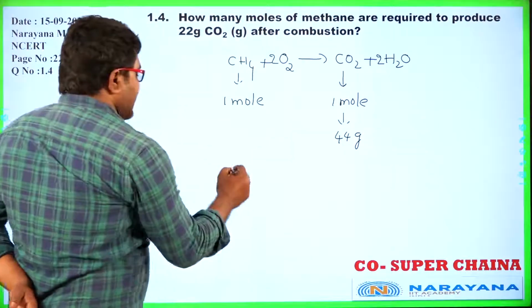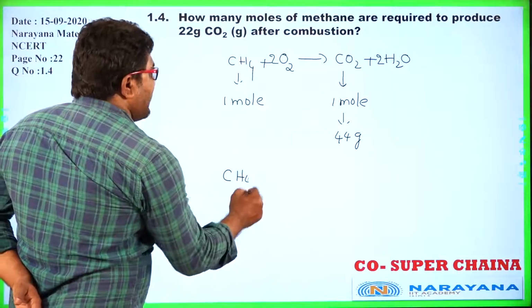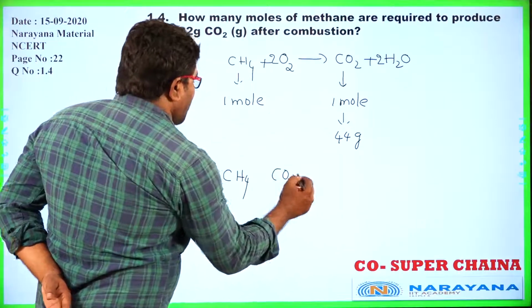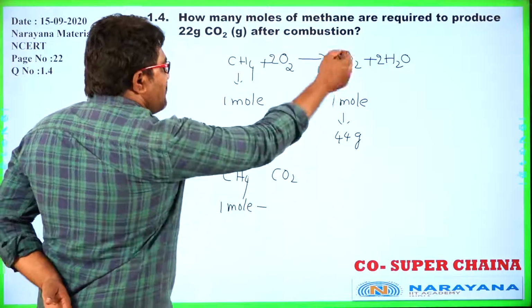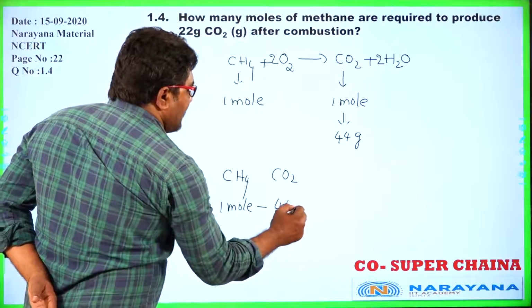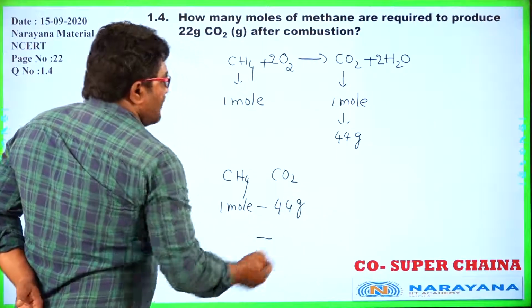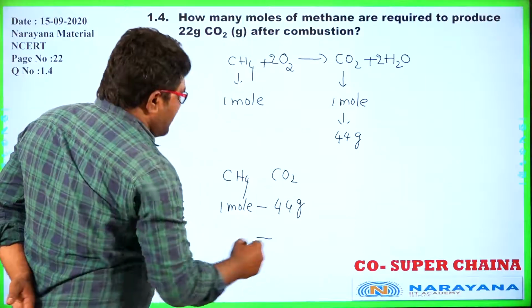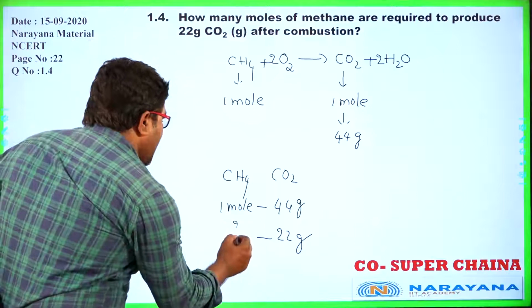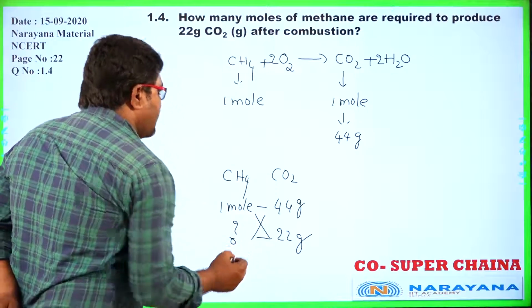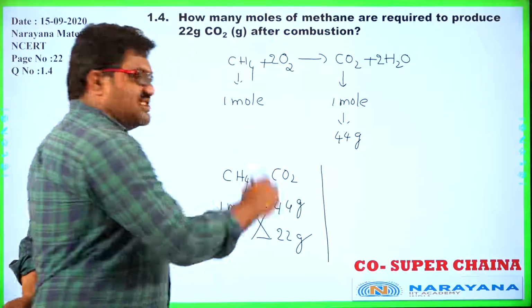Now I am going to compare these two. If 1 mole undergoes combustion, 44 grams of carbon dioxide is formed. So for formation of only 22 grams of carbon dioxide, how many moles of methane can undergo combustion?